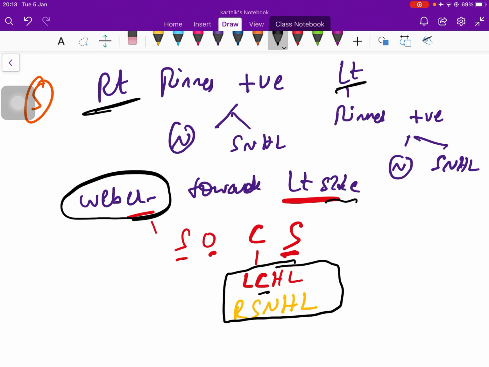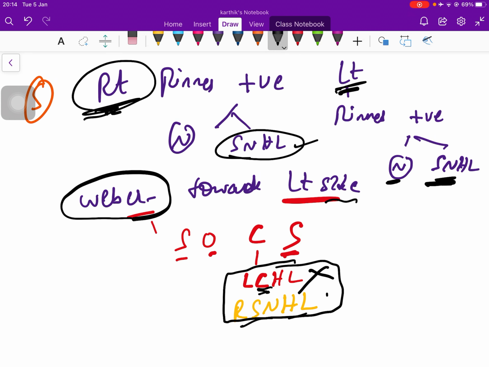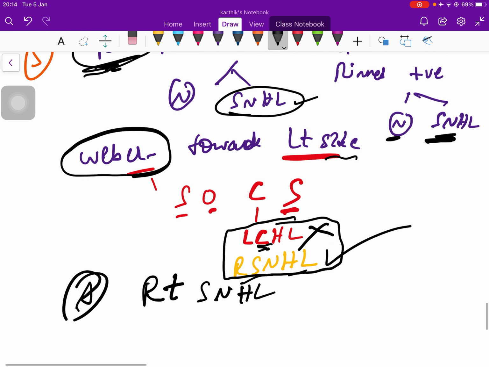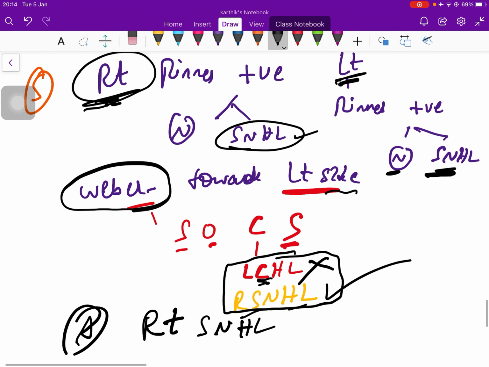First we'll see left conductive hearing loss. Do we have conductive hearing loss on the left side? No, so this is not the answer. Do we have sensory neural hearing loss on the right ear? Yes, so this is the answer. So the answer is right sensory neural hearing loss.